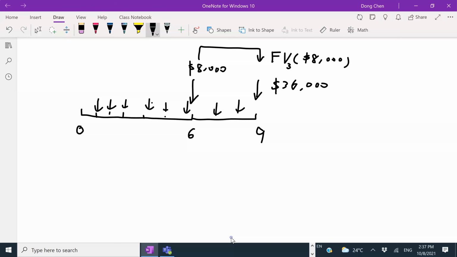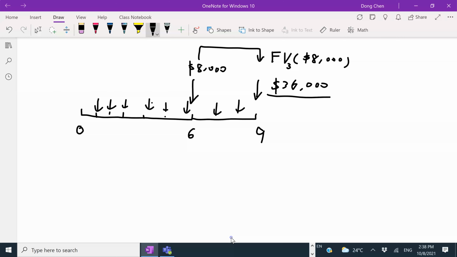So once we get the future value of this $8,000, we know that our goal is to have $36,000 in total. That means the future value of the annuity need only be the difference between this $36,000 and the future value of this $8,000 compounded for 3 years.